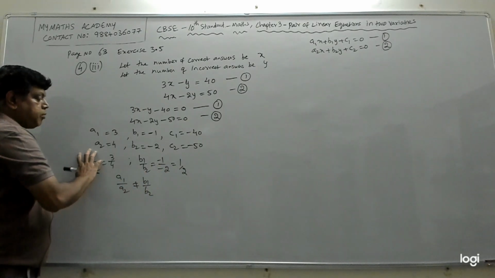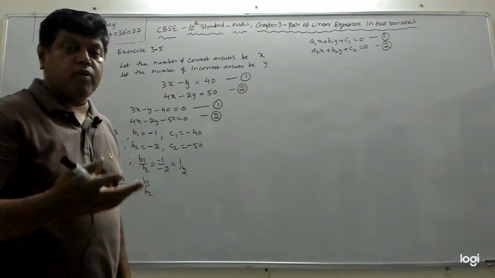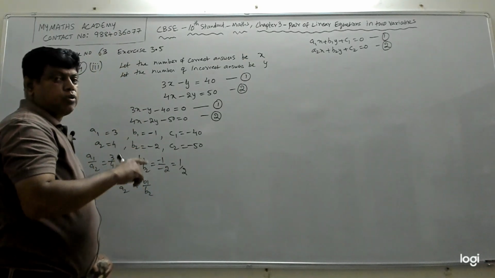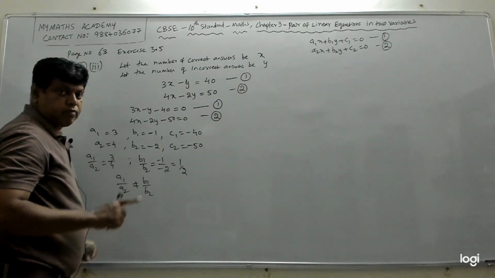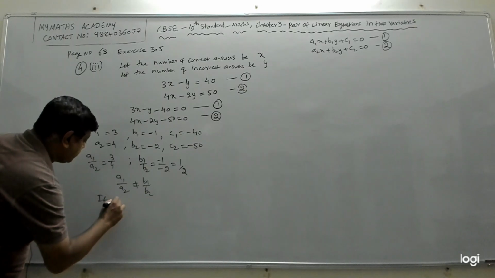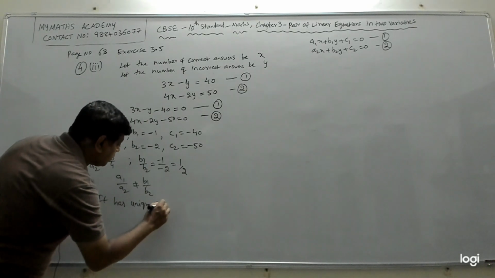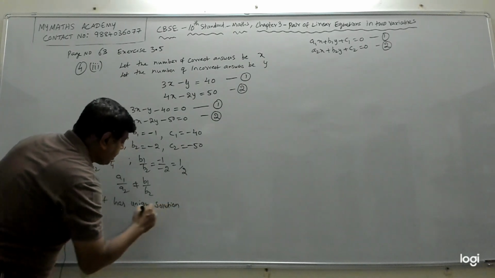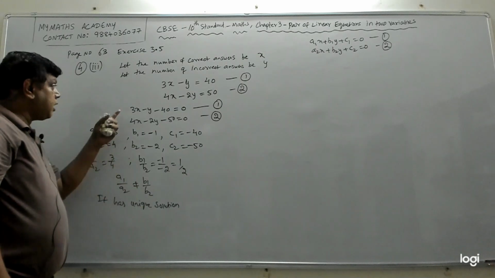When a1 by a2 is not equal to b1 by b2, we know that it has a unique solution. This is the condition for getting the unique solution, right? So we'll say it has a unique solution, which means we can solve this equation and find the answer.